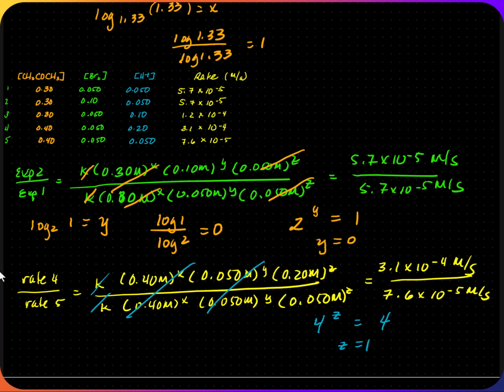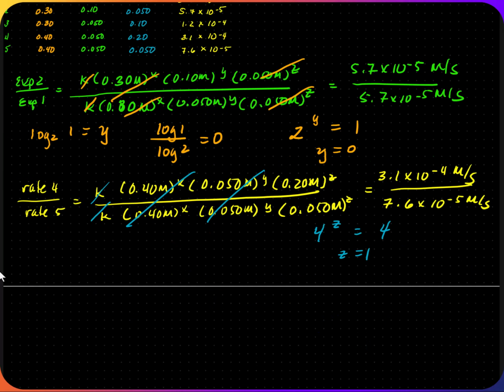So we know Z is equal to 1. We could double check by rewriting the log format. So that's going to be log base 4 of 4 is equal to Z. Rewrite it in the base of 10, it's going to be log of 4 over log of 4, which is equal to 1.